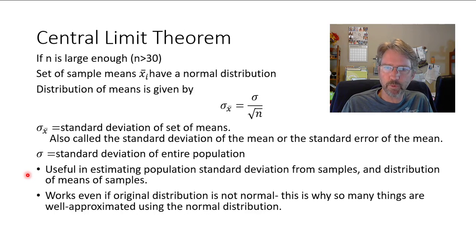So this is useful for finding the population standard deviation based on a set of samples, and it's useful to point out that this is true even if the original distribution is not a normal distribution, and because of this, things tend to become normal or Gaussian distributed, so that's why we use this distribution so often.